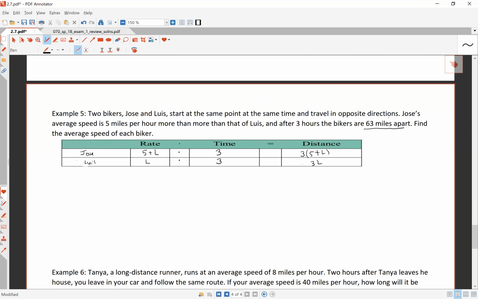So you have to ask yourself, how are these two distances related to each other? Jose's distance is 3 times 5 plus L. Luis's is 3L. I like to draw a picture to see this. They both started from the same point and traveled in opposite directions. Jose traveled a little faster than Luis, so after 3 hours, he will have gotten a little bit further than Luis. But when we look at this together, Jose's distance and Luis's distance, those two distances must add up to 63.